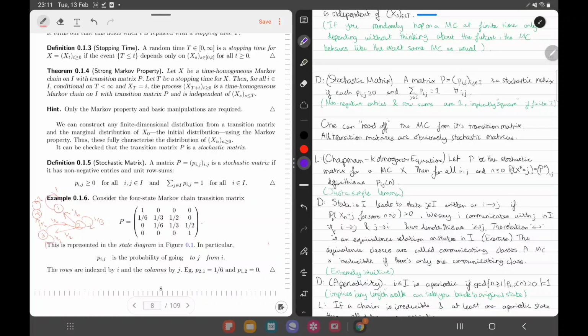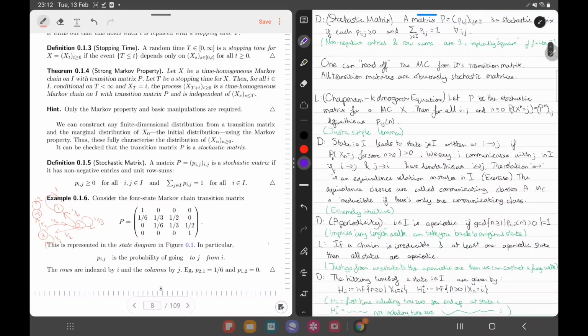Because I is countable and you're crossing it really to index all of these p_ij's. Yeah, it's still countable, because Z cross Z, the Cartesian product, is still a countable set. You can look that up, it's just some set theory. So one can read off the Markov chain from its transition matrix. All transition matrices are obviously stochastic matrices.